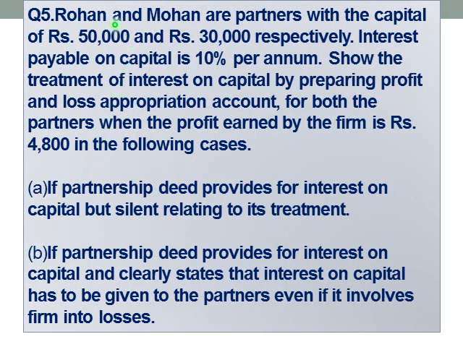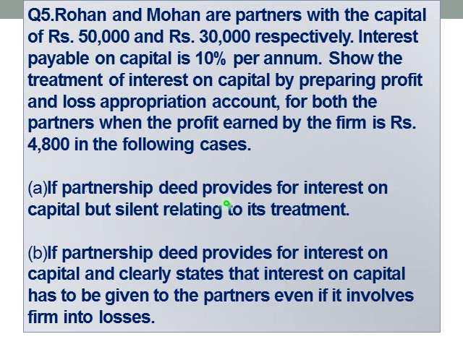Now next problem. Rohan and Mohan are partners with capitals of 50,000 and 30,000. Interest is payable on capital at the rate of 10% per annum. Show the treatment of interest on capital by preparing the profit and loss appropriation account for both the partners when the profit earned by the firm is rupees 4,800 in the following cases.